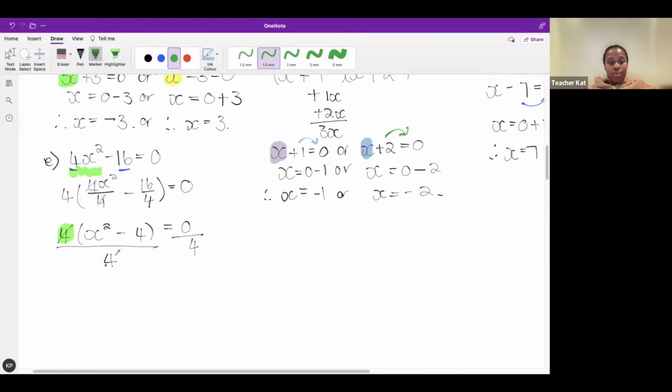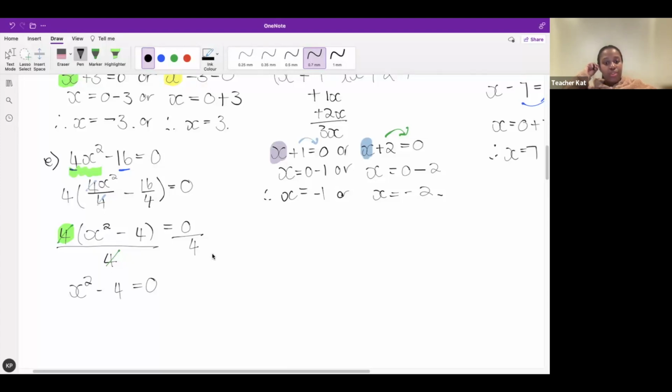So I'm left with x squared minus 4 is equal to 0 divided by 4, which is just 0. Take note, that's not the same as 4 divided by 0, because that is undefined. This is 0 divided by 4. Great, now what does this look like?